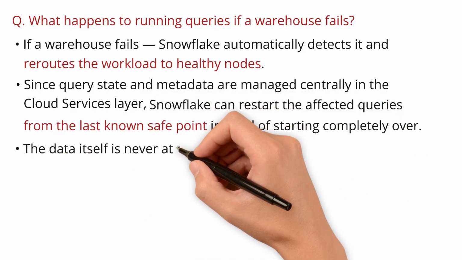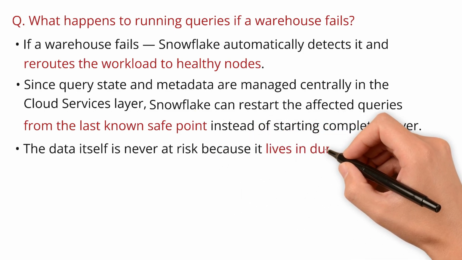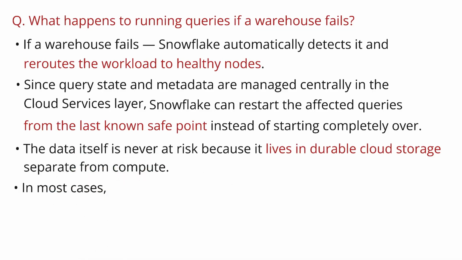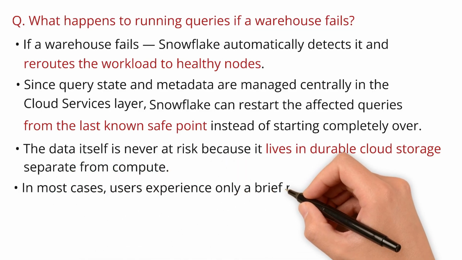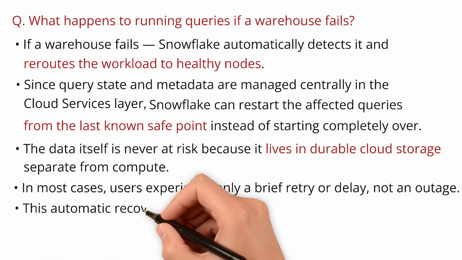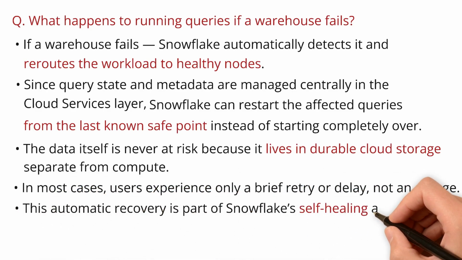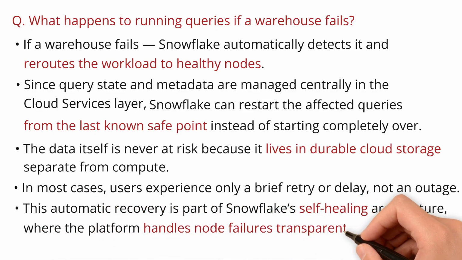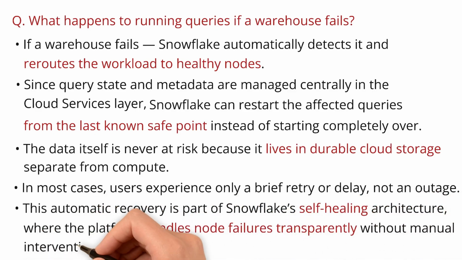The data itself is never at risk because it lives in durable cloud storage separate from compute. In most cases, users experience only a brief retry or delay, not an outage. The automatic recovery is part of Snowflake's self healing architecture, where the platform handles node failures transparently without manual intervention or data loss.